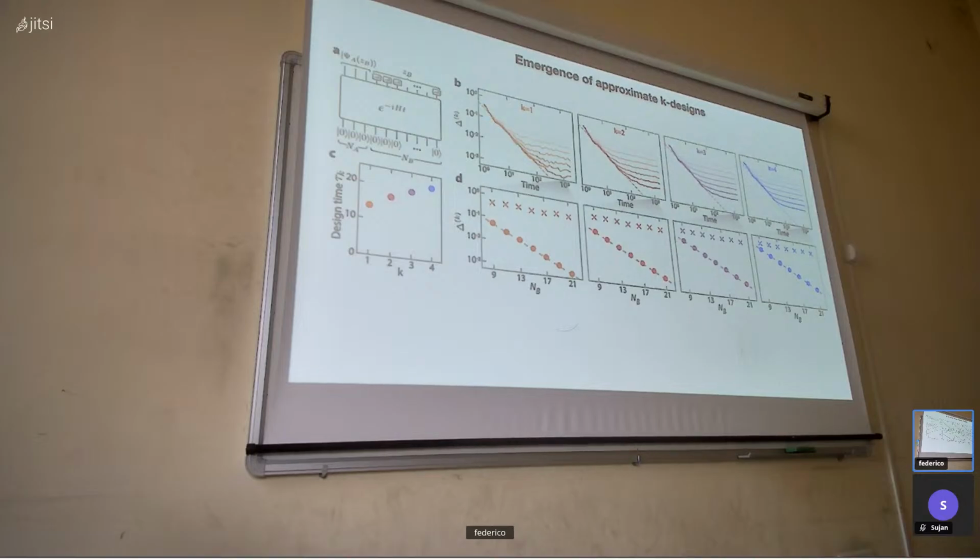Can I ask you a general question? Say k equals 1 is ETH basically, and then you have a kind of hierarchy of thermalization. Is it possible also to define a hierarchy of conservation laws for which you thermalize in one sense but you don't in the other? Like some constraints that don't allow ETH but maybe allow another kind of thermalization at higher k.